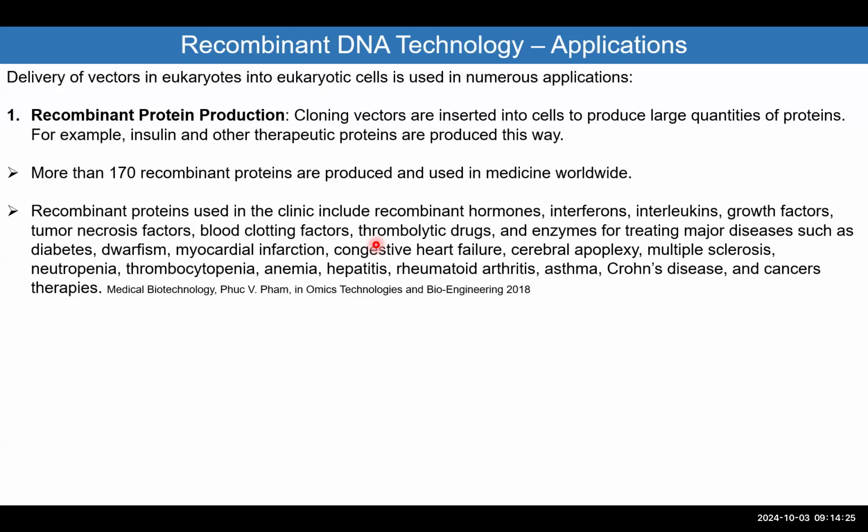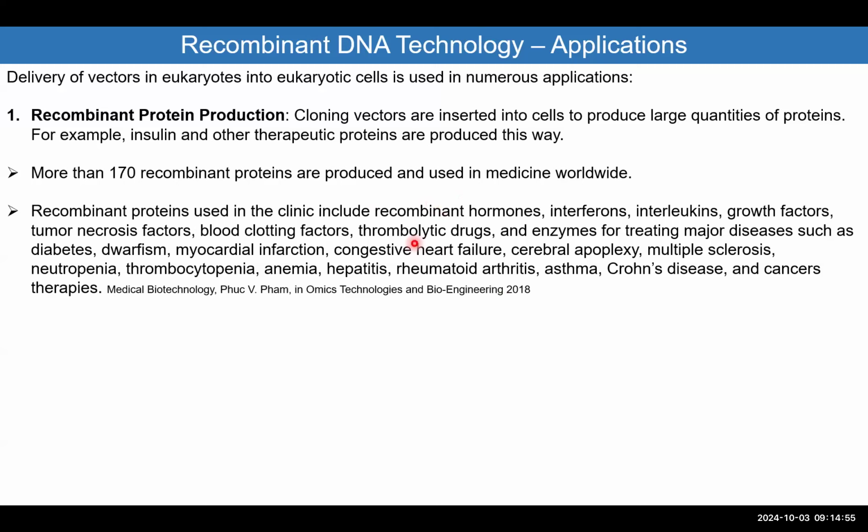So there are many other applications that we didn't discuss last time, and I'm just giving you a small summary about that. So the recombinant DNA technology can be used in protein production, and insulin was one of the examples, but there are another 170 other proteins that are being overexpressed right now and being used in therapeutics.